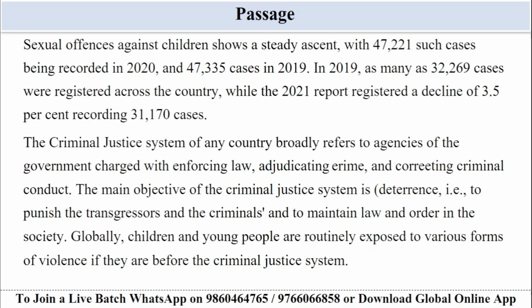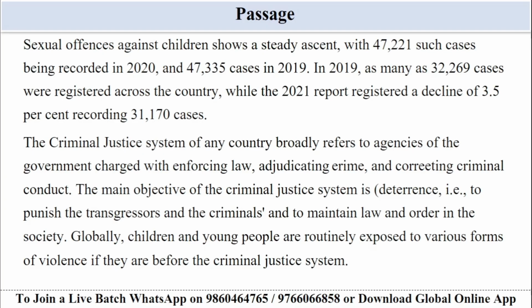In 2019, as many as 32,269 cases were registered across the country, while the 2021 report registered a decline of 3.5%, recording 31,170 cases.